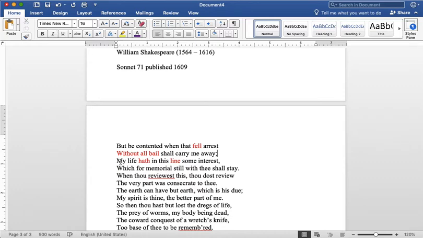And then the sentence says, my life hath in this line some interest. So I'm curious about the word line. My guess, in knowing Shakespeare, is that it's a double entendre, which means it has a double meaning. There's the literal line. It says this line. So it could mean the whole poem. It could mean the line that came before it.